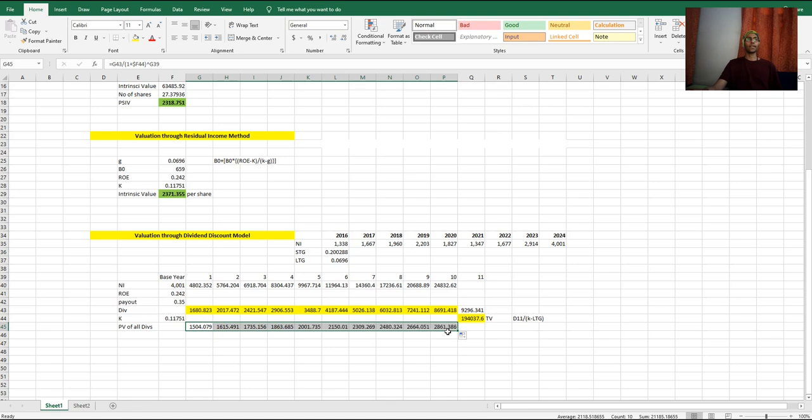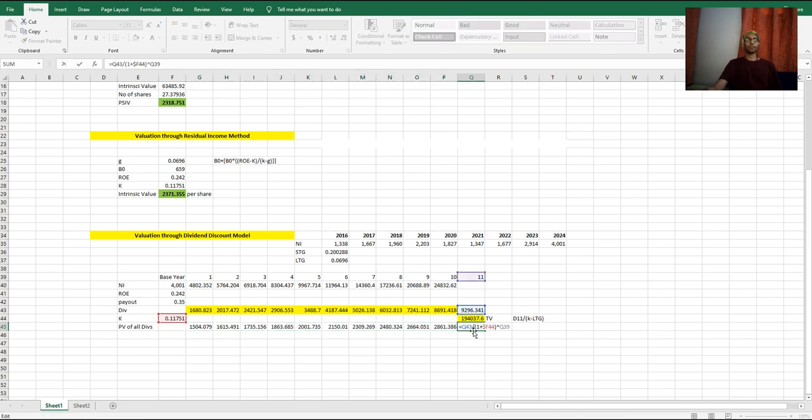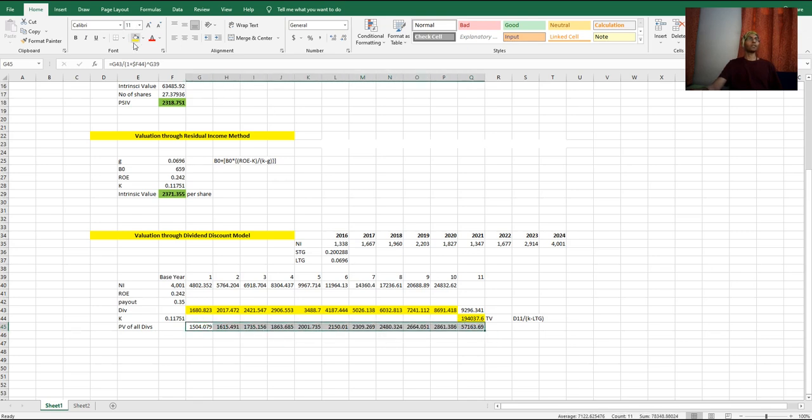Now we have got all the 10 years. The 11th year also we will get. Only thing, we have to change one of the cells. Q43, we have to change it to Q44. So these are our present values, required present values.